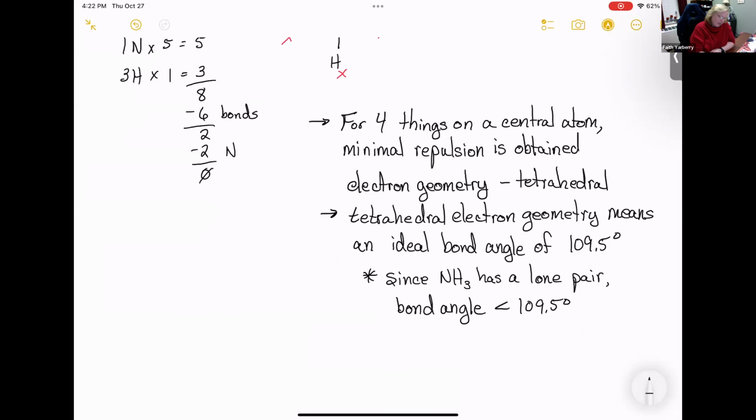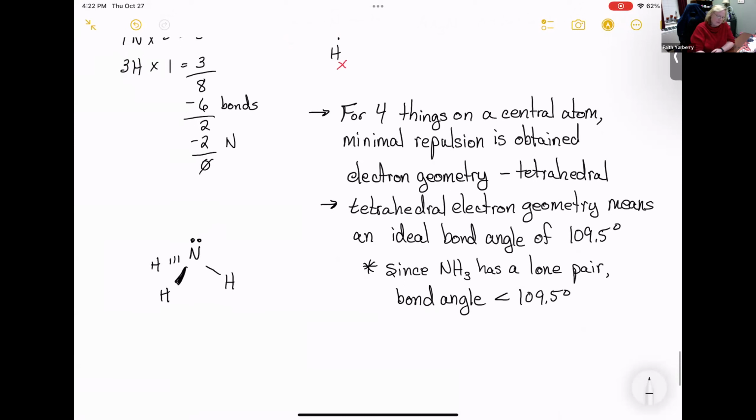To draw this molecule correctly, we would place the nitrogen and we would place the hydrogens at 3 of the 4 corners of the tetrahedron with a lone pair on the nitrogen. Now, while the electron geometry is tetrahedral, the molecular geometry is based strictly on the bonding groups.